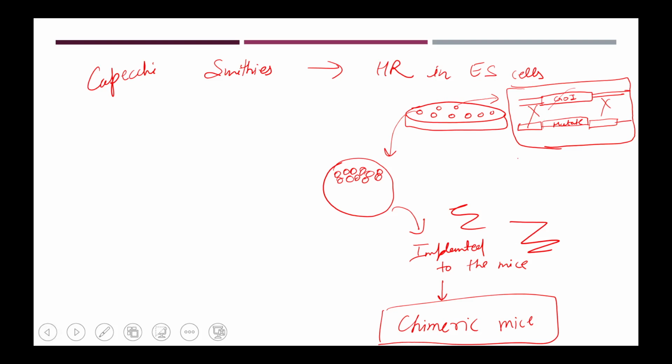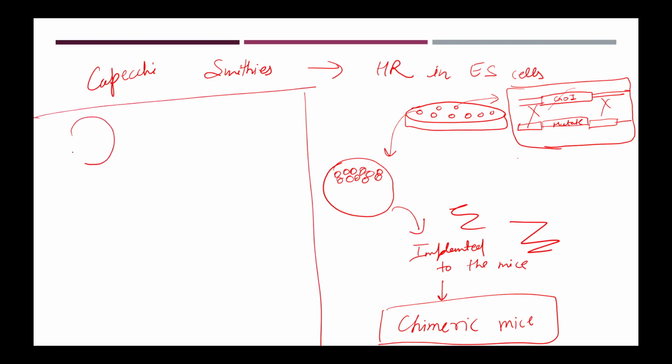So for example, there are three cells. Now you want to electroporate or transfer your plasmid DNA, the template DNA, into the fresh cells. Then there are chances that in some cells the plasmid will not get incorporated.